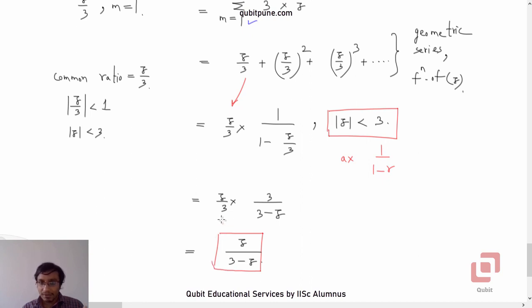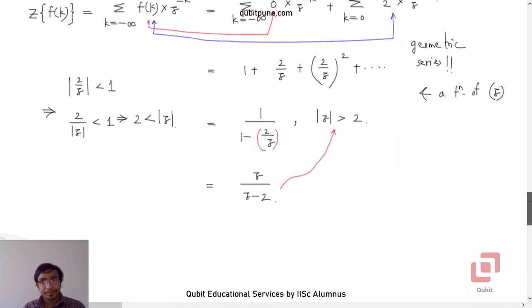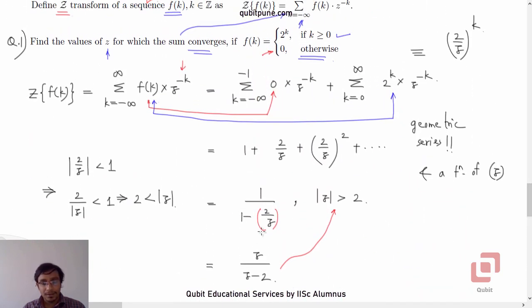Now observe that here we have basically followed the same approach that we followed for our previous term. The only difference is here the z is in the numerator of the common ratio, and there the z was in the denominator.